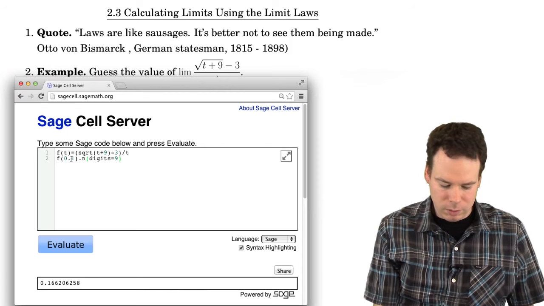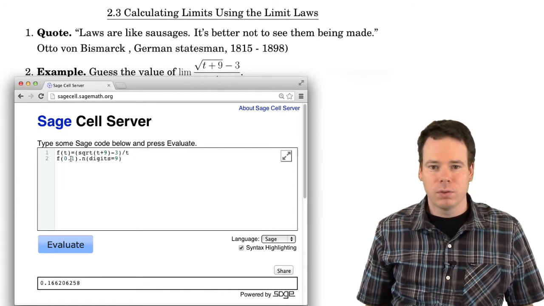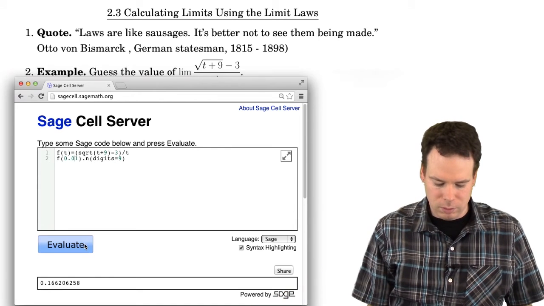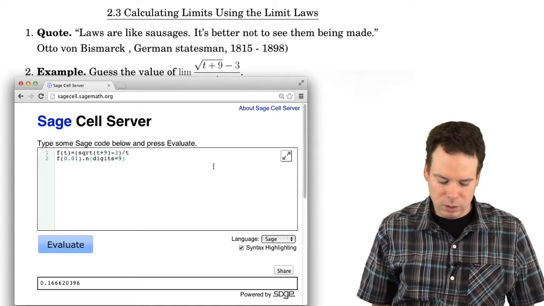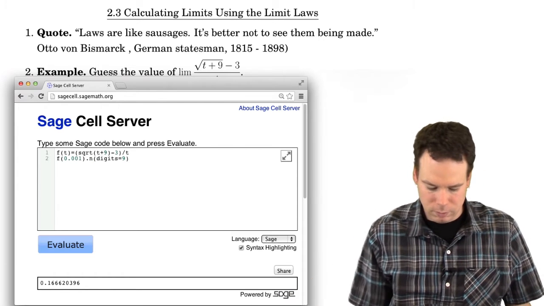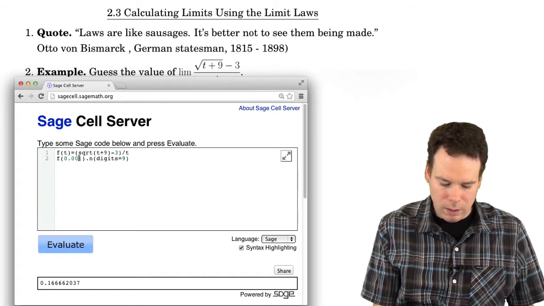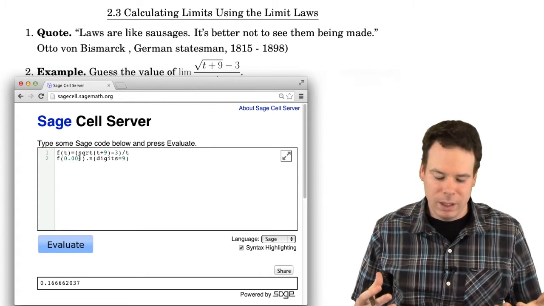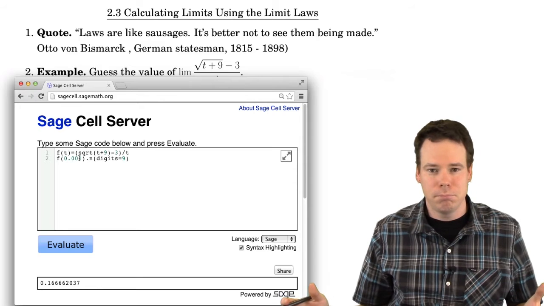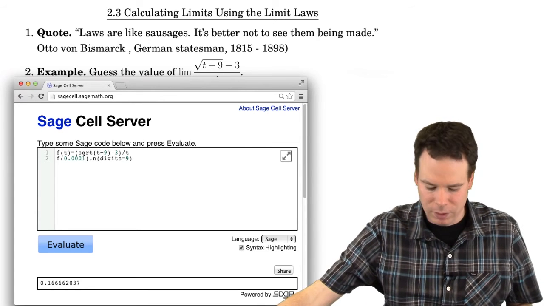Now we can work out the values for smaller values of t, such as 0.01, and this is all I did to construct those tables of values. Suppose you say, my table of values only got to 0.001, and I want to go smaller. I want to see what happens if I go really small.